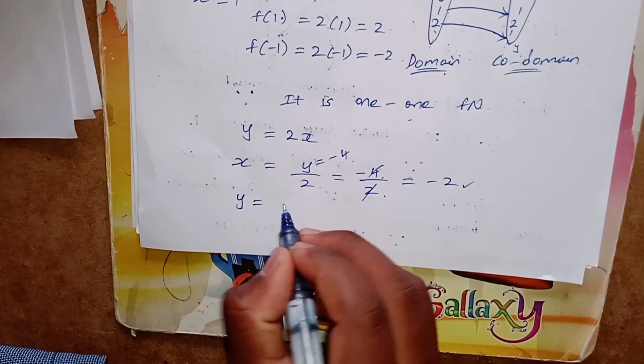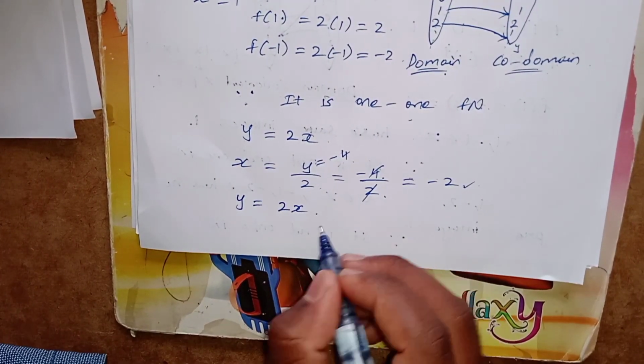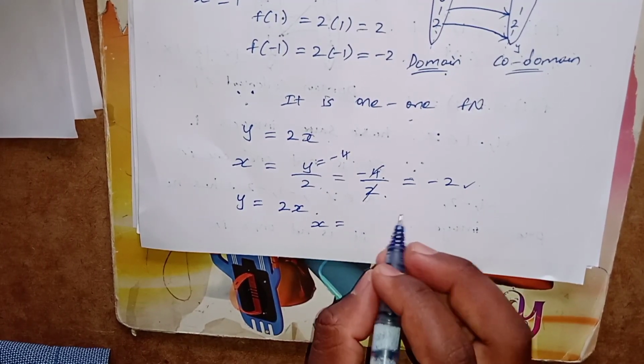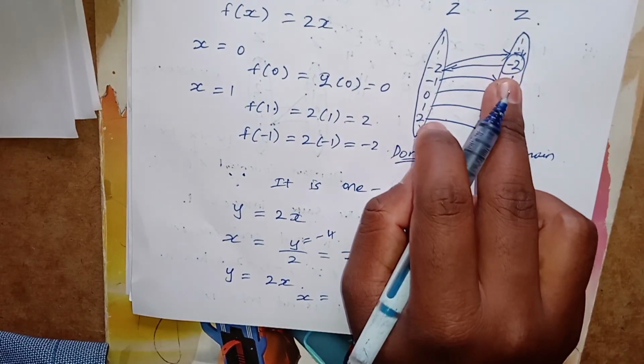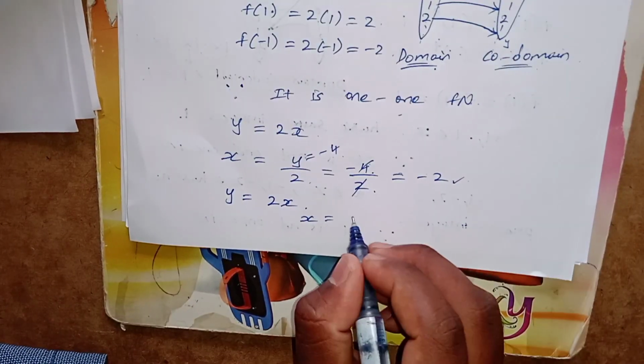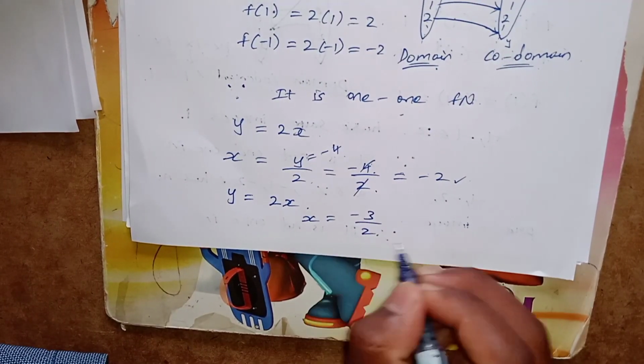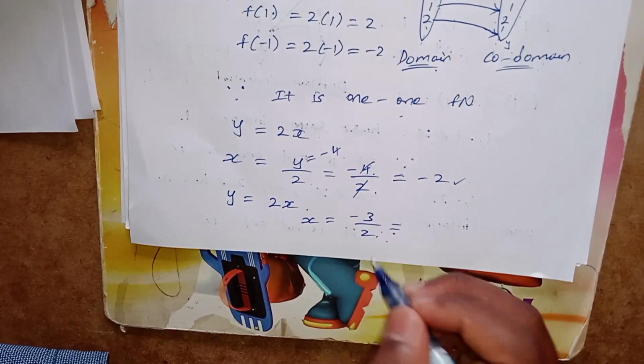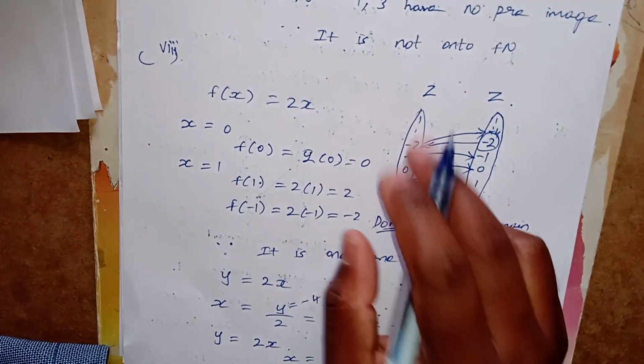Okay, next I am taking another value. x equal to -3 I am taking. Here -3 divided by 2, -3 by 2. Here, -3 by 2 also comes under the integers.